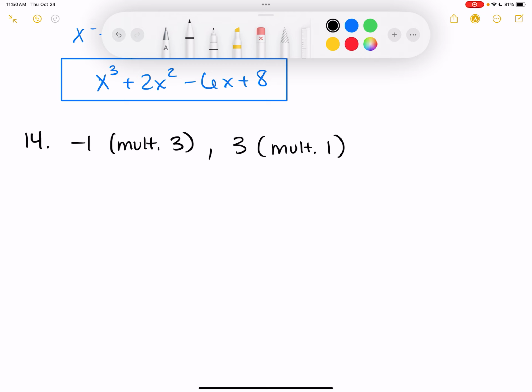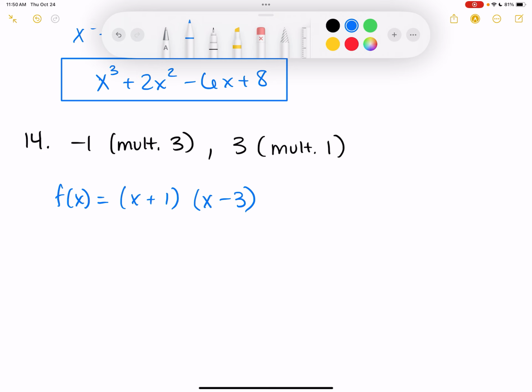So based on what they've given me, what would my factors be if my zeros are -1 and 3? Would be x plus 1 cubed, and then x minus 3.